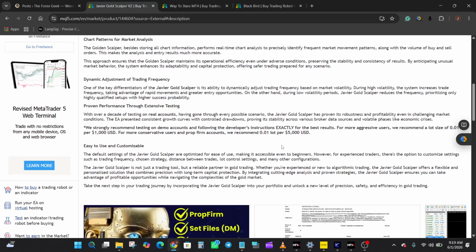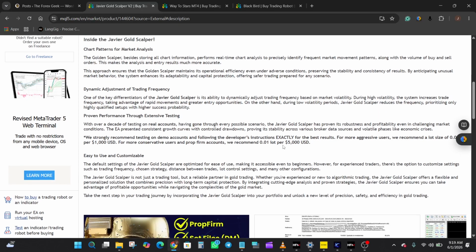Before moving into the backtesting section, it's worth noting the recommended capital requirements provided by the developer. The minimum suggested balance is 1,000 US dollars, while a more conservative approach, including prop firm usage, is suggested at 0.01 lots per 5,000 US dollars.